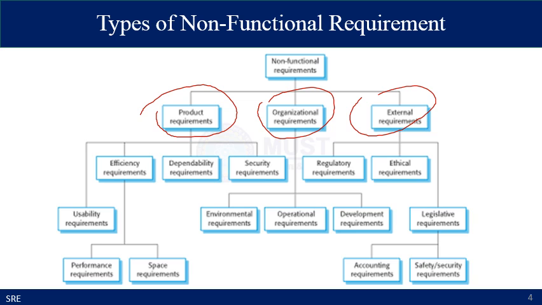And if you look at the product requirements, it is the constraint that enforces the achievement of functional requirements in a specified criteria. For example, you want to achieve some usability requirements, that your system should be usable enough in a specified time to meet the specified requirements.